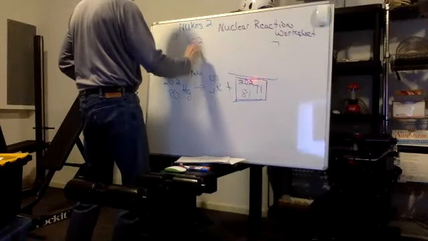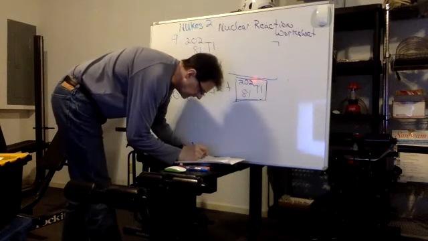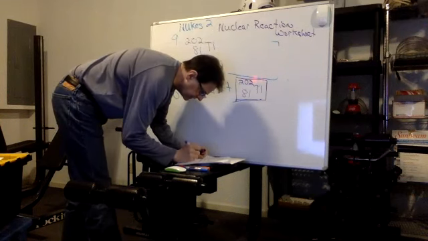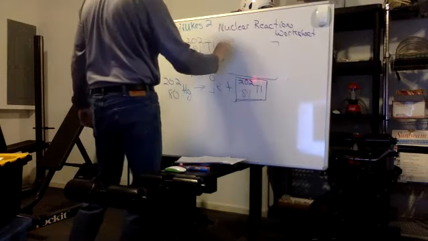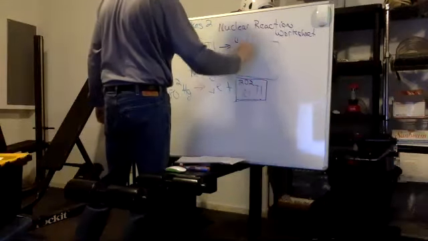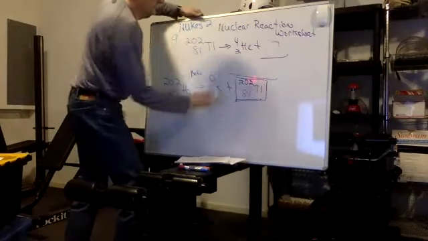202, 81 thallium. Let's see, followed by a beta. I got it, followed by another alpha decay. And the last step, this is going to decay by alpha. I'm going to put in a blank.